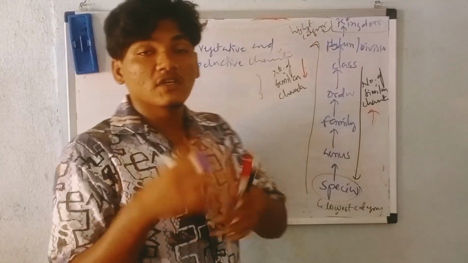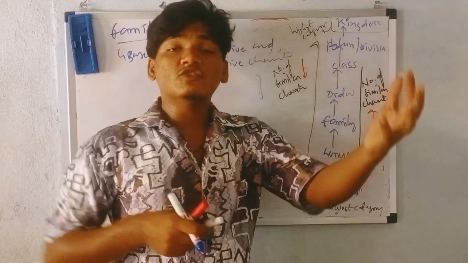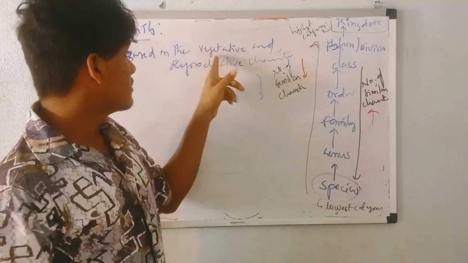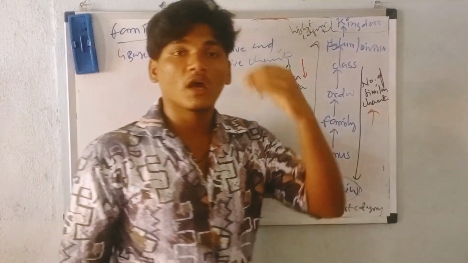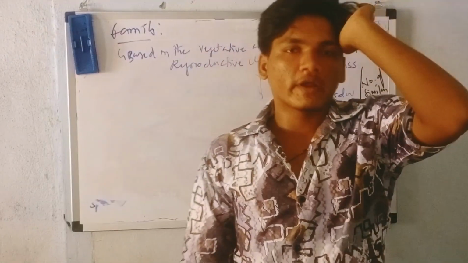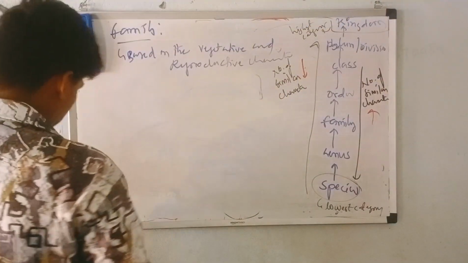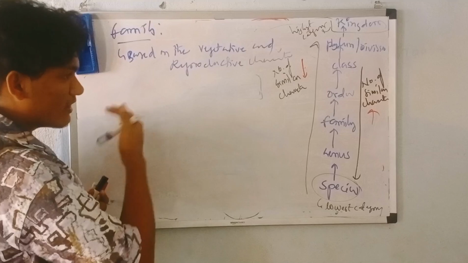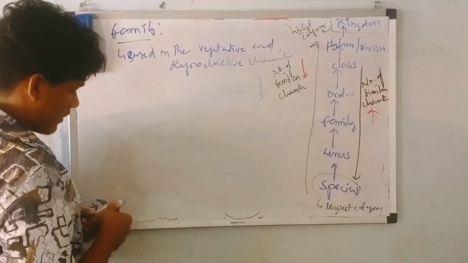A group of genera are assigned to the family based on the vegetative and reproductive characters. Very important. Now we talk about a few genus names and in which family they are grouped.